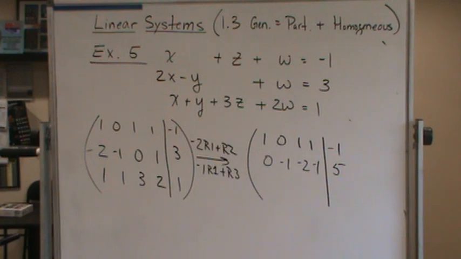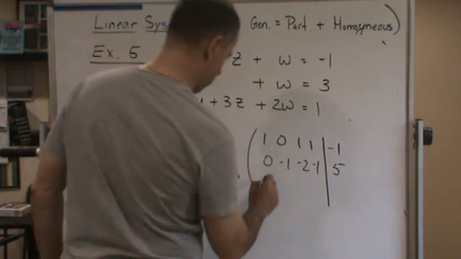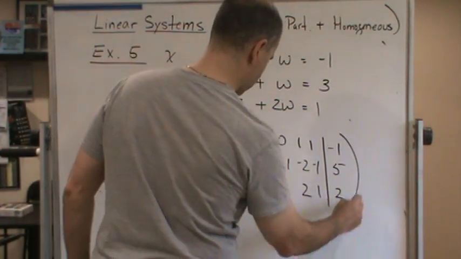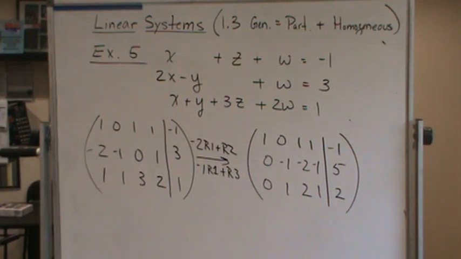And then the third row is going to end up being 0, 1, 2, 1, 2, right? Again, just go through the steps. Do it yourself. Make sure you're getting the same answer.